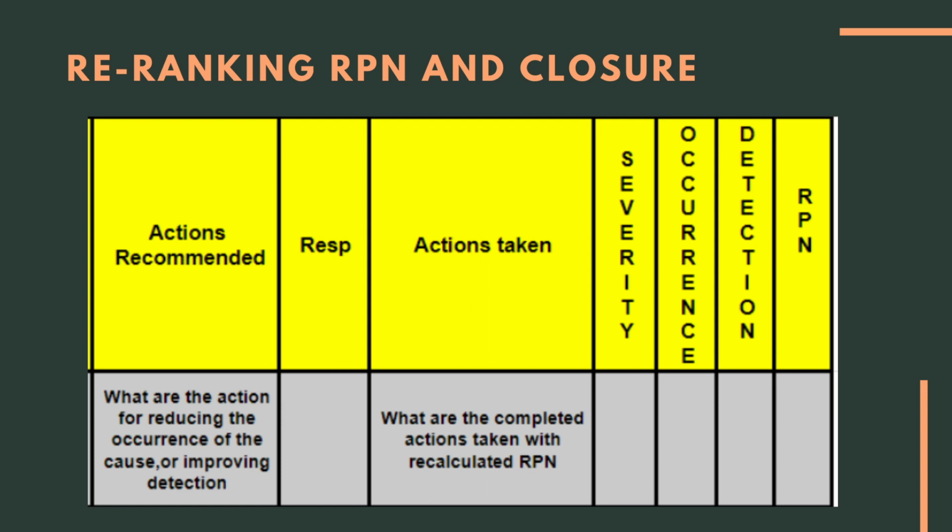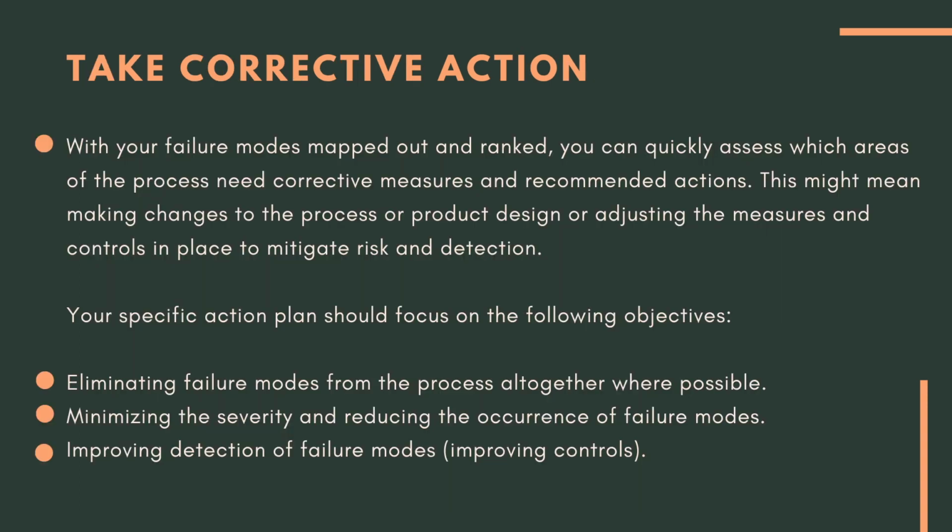The action plan outlines what steps are needed to implement the solution, who will do them, and when they will be completed. With your failure modes mapped out and ranked, you can quickly assess which areas of the process need corrective measures and recommended actions. This might mean making changes to the process or product design or adjusting the measures and controls in place to mitigate risk and improve detection.